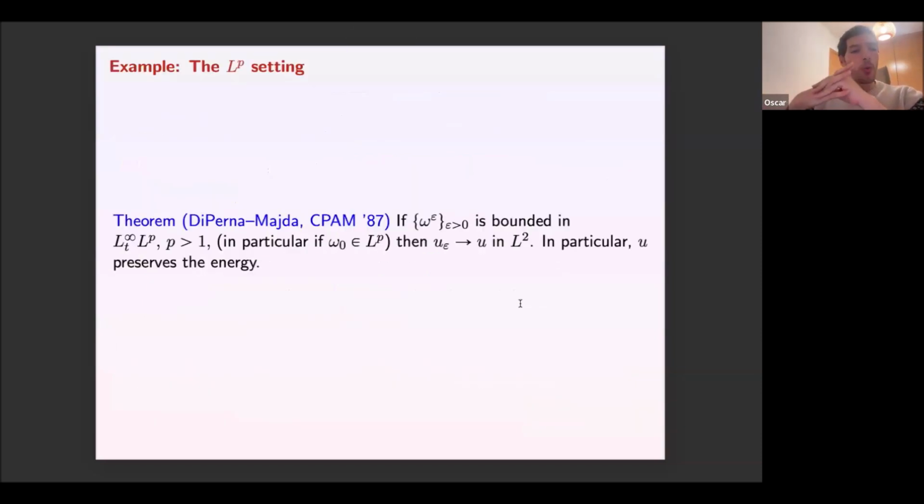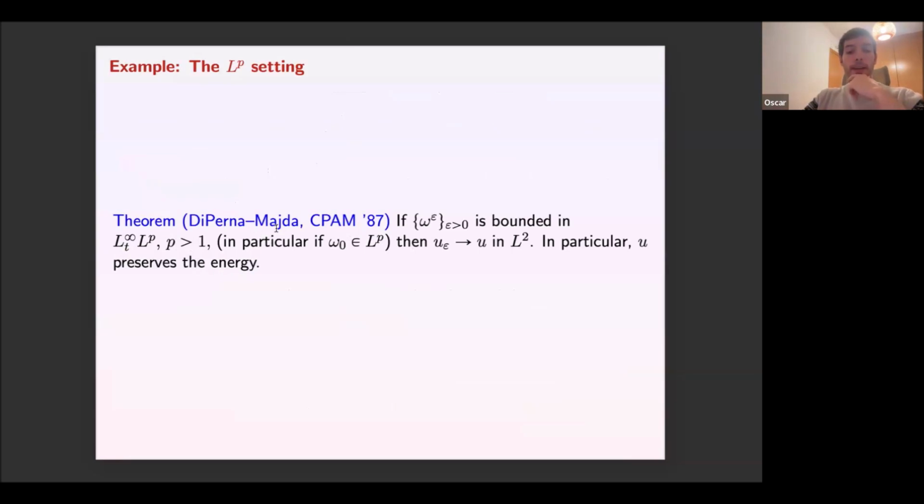Next, I would like to show you how one can apply the method of approximate solutions for special function spaces. Let me start with the very basic example. So consider the Lebesgue setting, L^p, and assume that p is larger than 1.